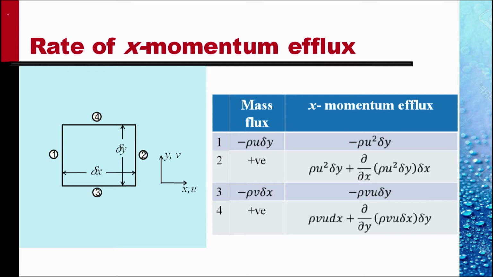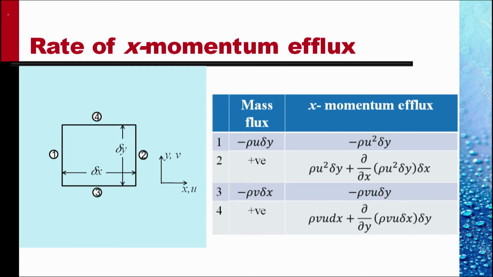To obtain the x momentum efflux, consider the four segments of the control surface. Segment 1 has its outward normal in the minus x direction. The mass flux across this is minus rho u delta y.